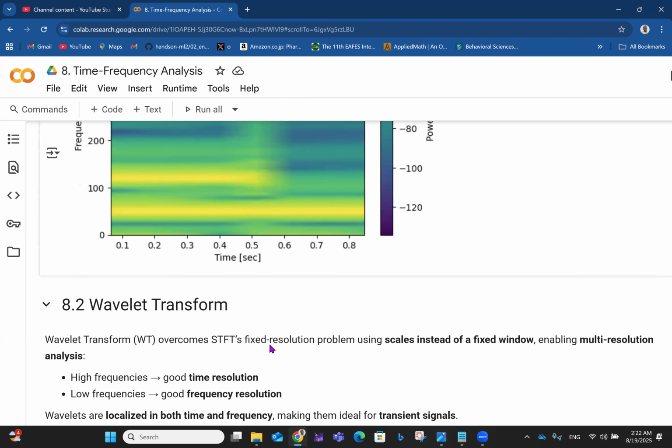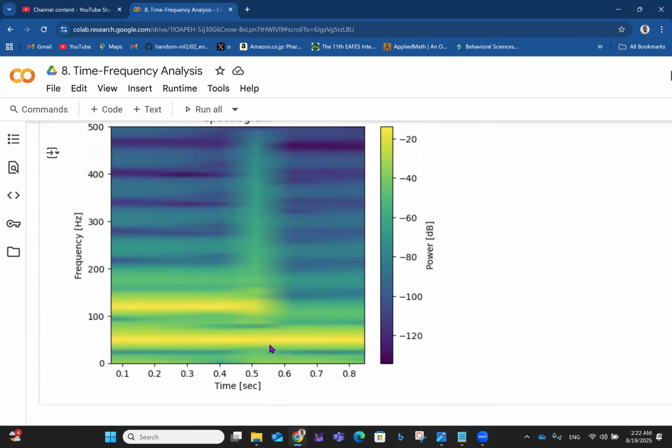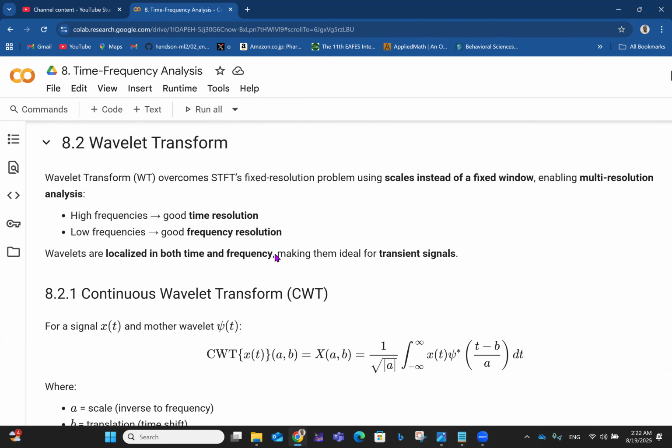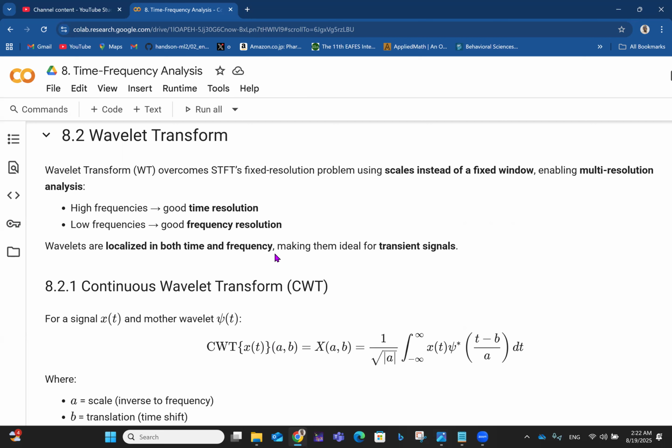The beauty of this is that we couldn't get it in Fourier because we had fixed resolution, but here you can look at different times and different frequencies since both are changing. That's why time-frequency analysis is really important.